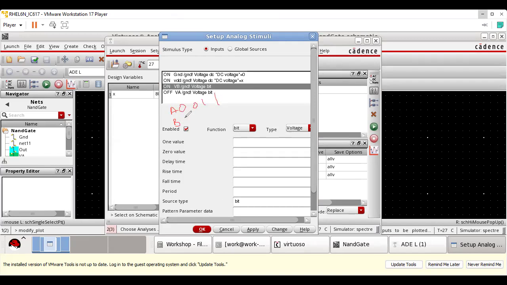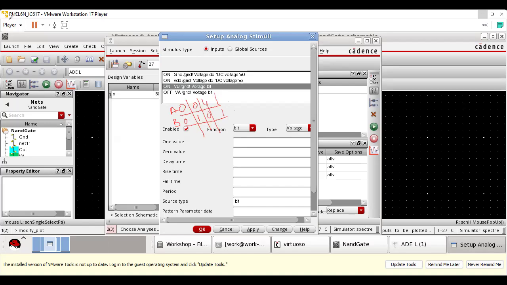Now you see the cases. This becomes 00, 01, 10, and 11. So you want 4 cases of A, this is 0, 0, 1, 1, and 4 cases of B, 0, 1, 0, 1, to make all cases for output 00, 01, 10, 11. Right?